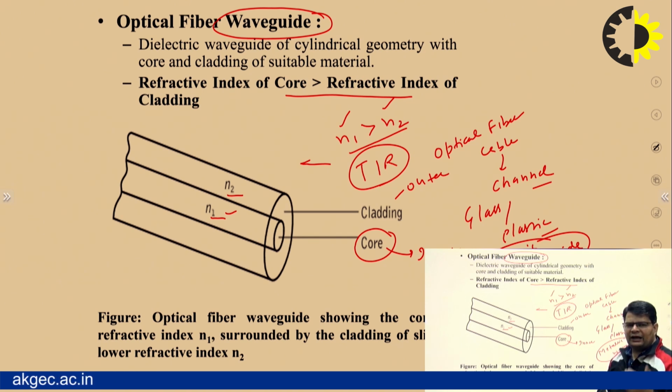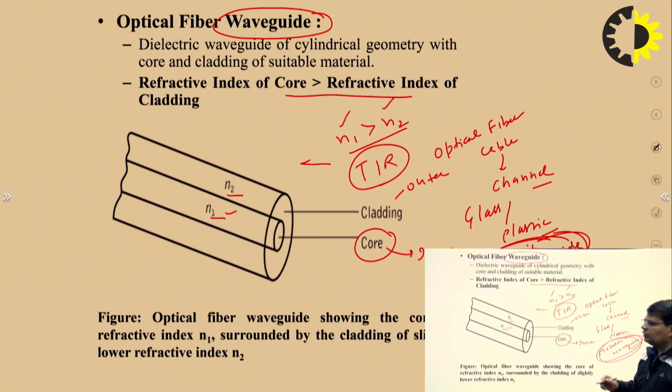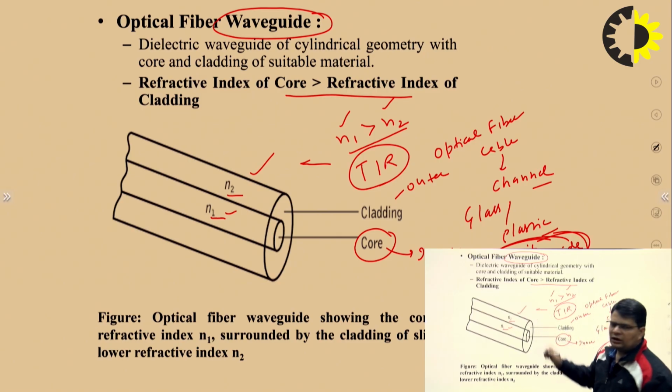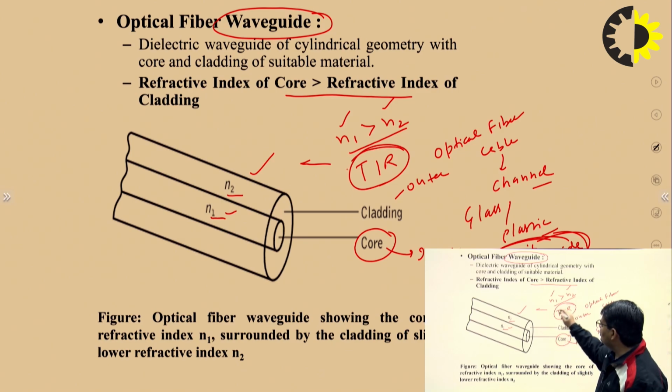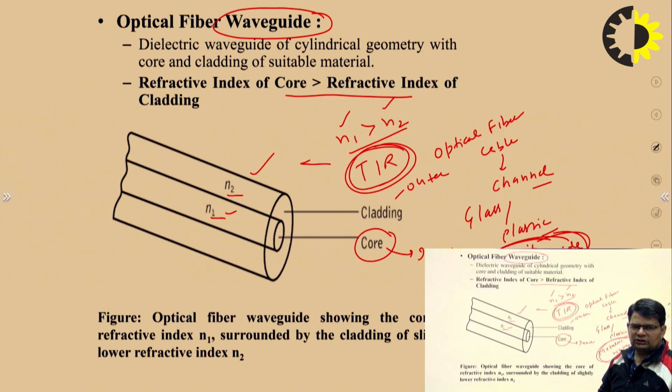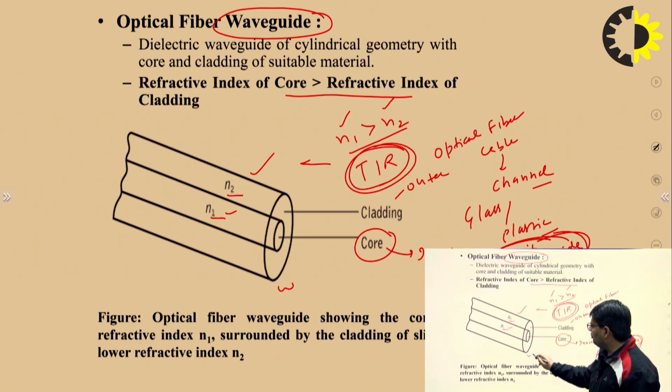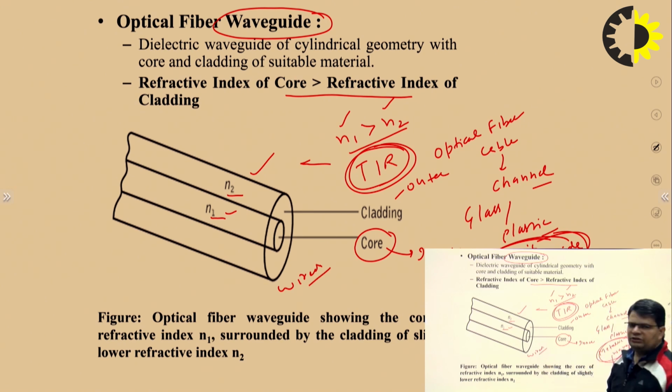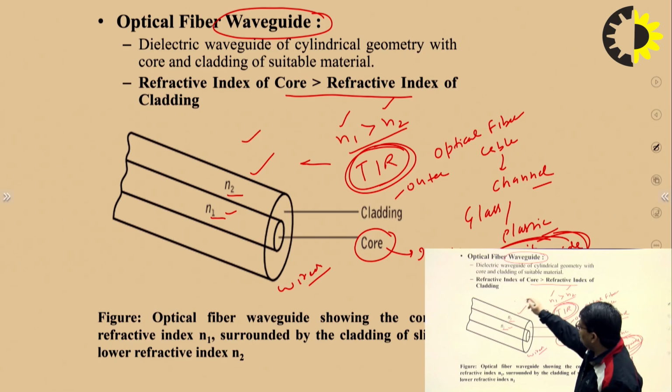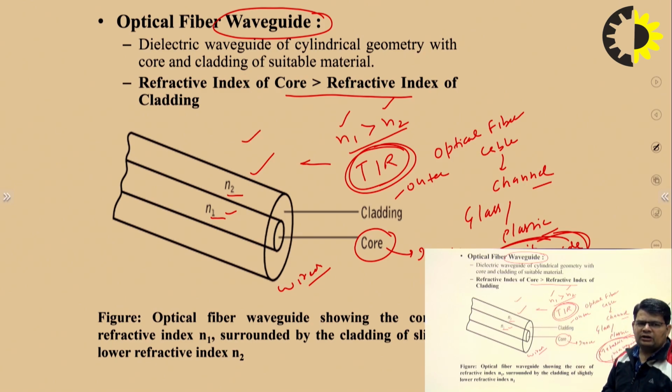As the electromagnetic wave propagates through these metallic waveguides, in the similar way, the light propagates through this optical fiber cable due to multiple reflections at the core cladding interface by following the principle of total internal reflection. Moreover, these metallic waveguides are also wired media, and optical fiber is also a wired media. So because of this similarity in the structure as well as in the working principle or propagation of signal, these optical fiber cables are also termed as optical fiber waveguide.